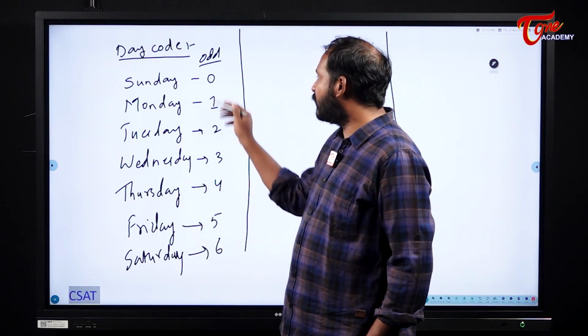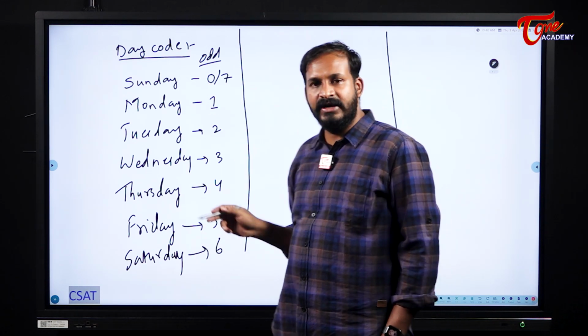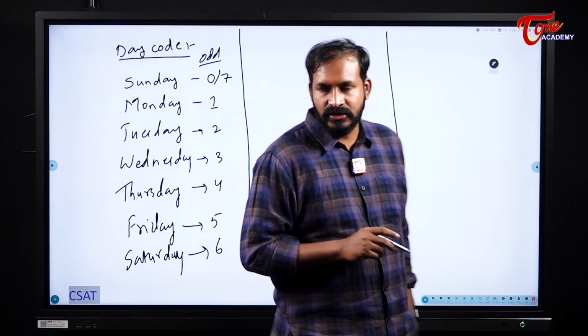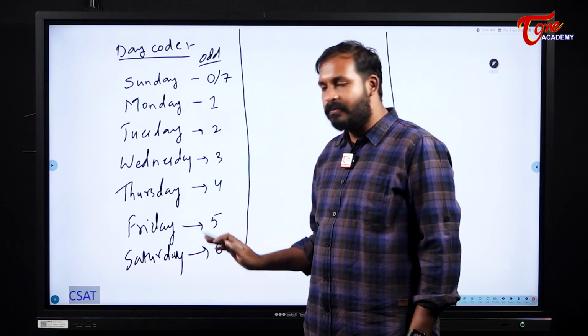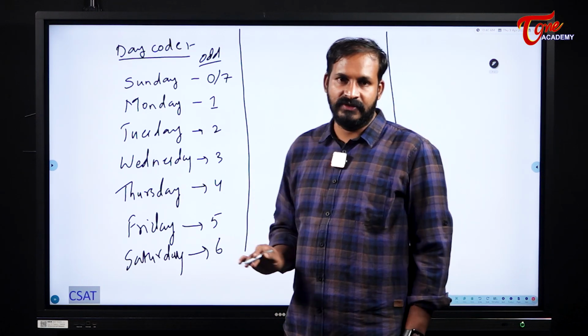So actually we will never get 7 as the remainder. Because of that, we consider Sunday's code as 0. So Sunday 0, Monday 1, Tuesday up to Saturday, we call these the day codes.